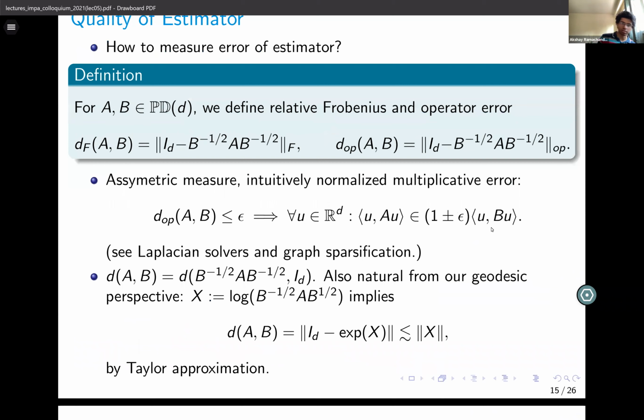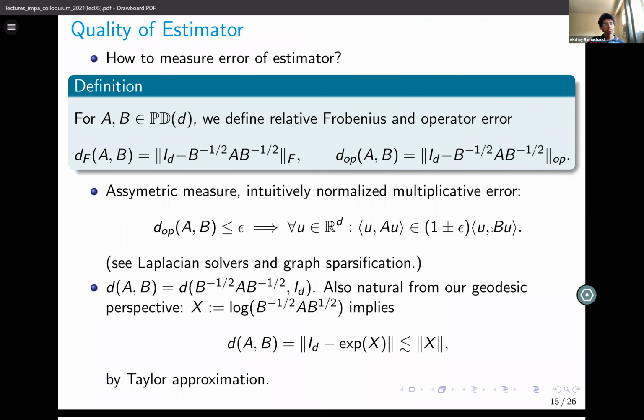Another nice intuition that should be helpful from the perspective of scaling that we're already studying is that it's natural from our geodesic perspective. So recall that the geodesics involved going along the exponentials of these curves, right? So e to the tx, where x is the log of something, right? And turns out by Taylor approximation, when x is small, this relative error exactly is, up to some constants, just the Frobenius norm of the log.